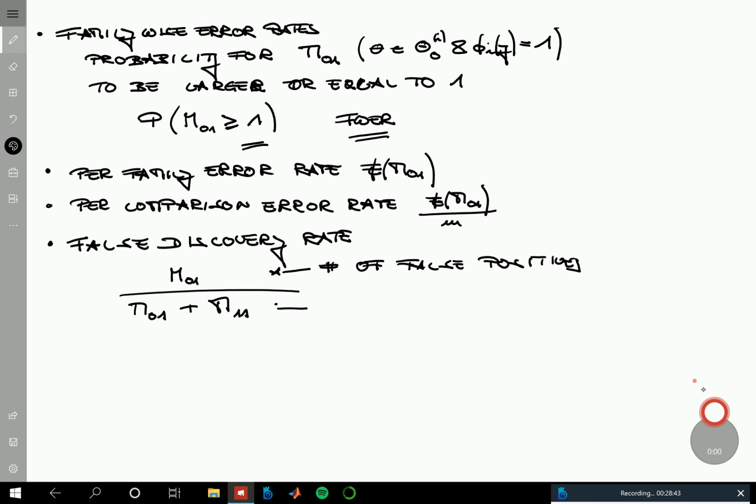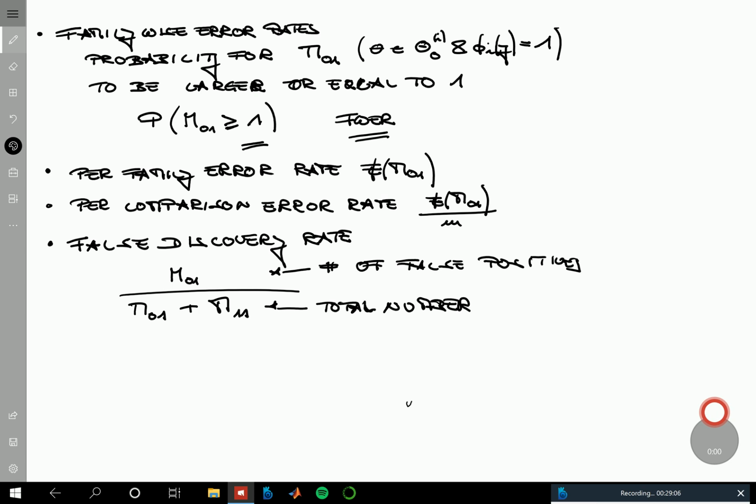Of all the null hypotheses that I reject, how many of them are false positives? And I want to minimize that rate.